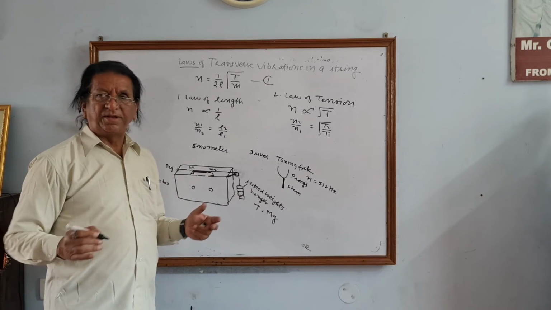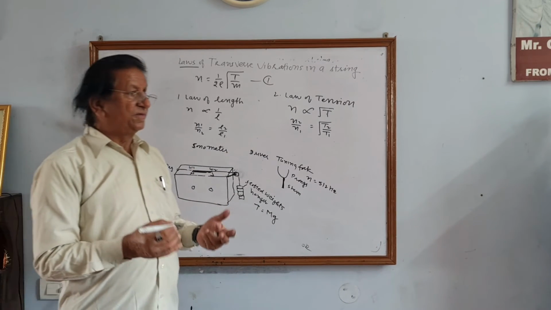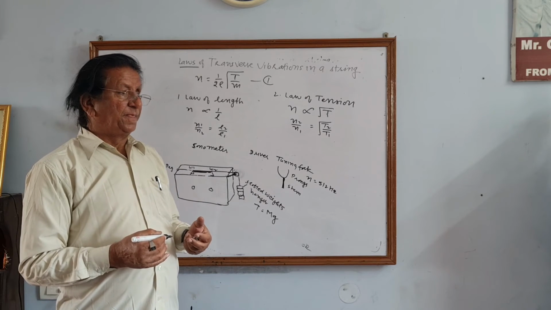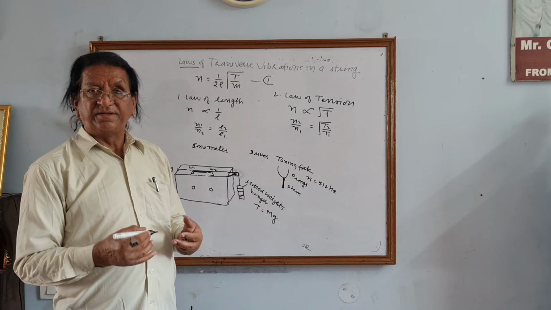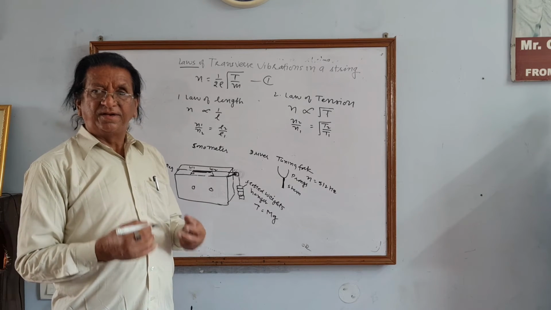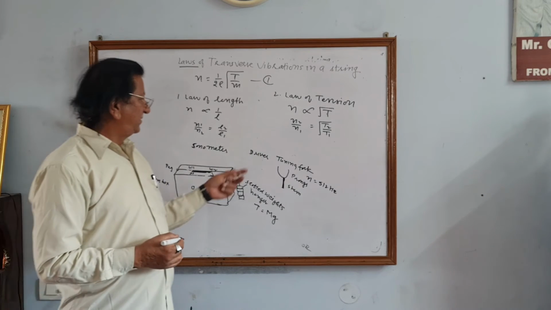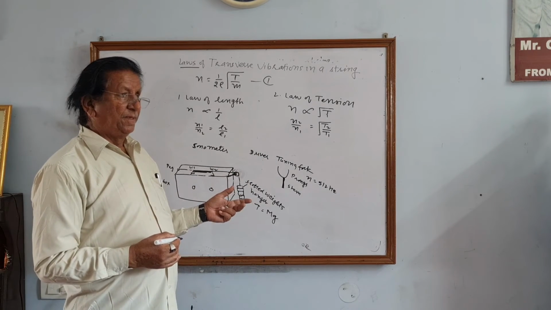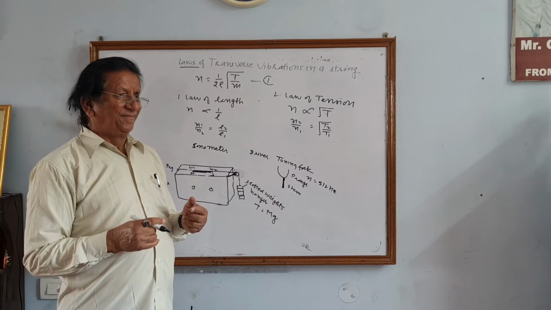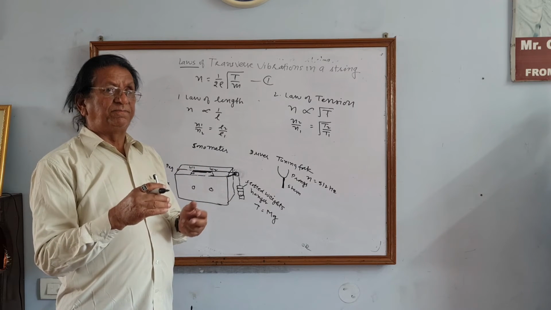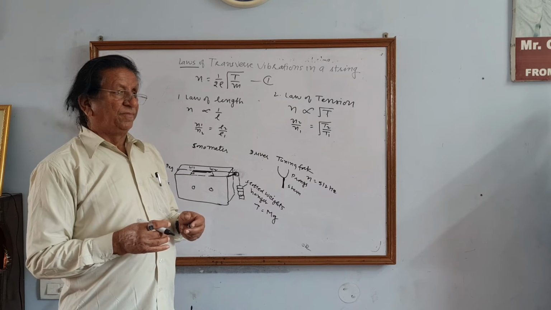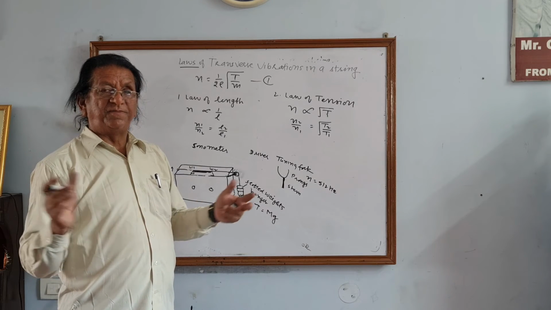We have studied in simple harmonic motion: free oscillations, natural oscillation, forced oscillation, maintained oscillation, then resonant oscillations. Resonant oscillation means that if the frequency of the driver and driven match, the driver can pass on maximum energy to the driven body. In that case, the amplitude of vibration increases.